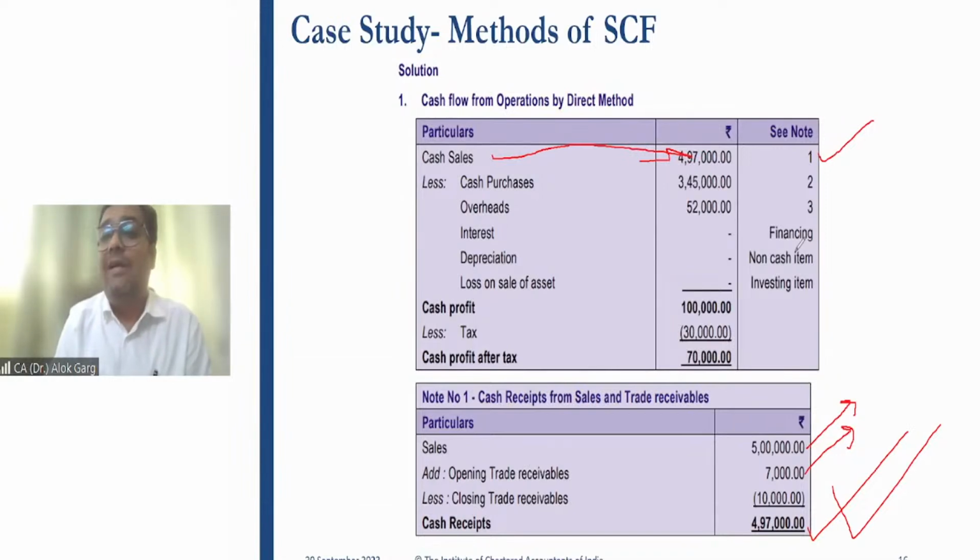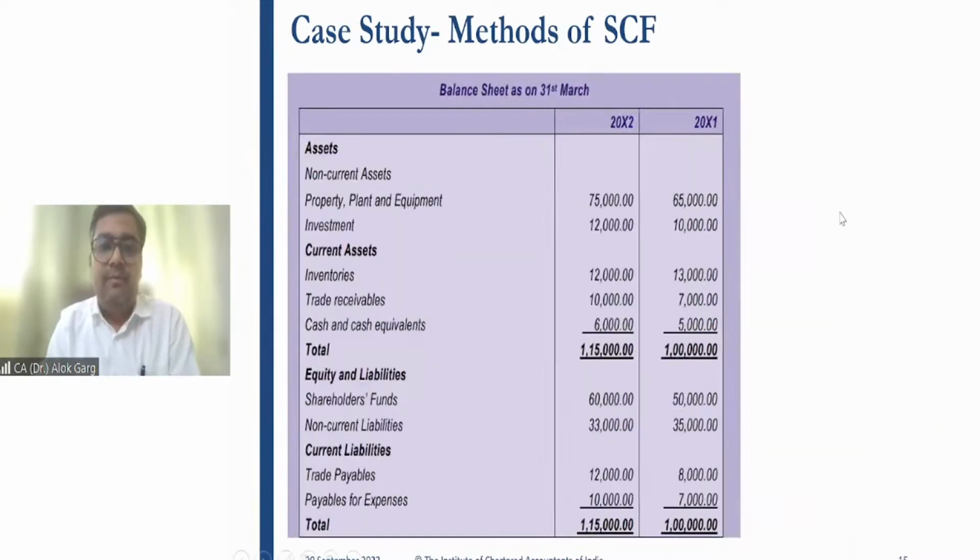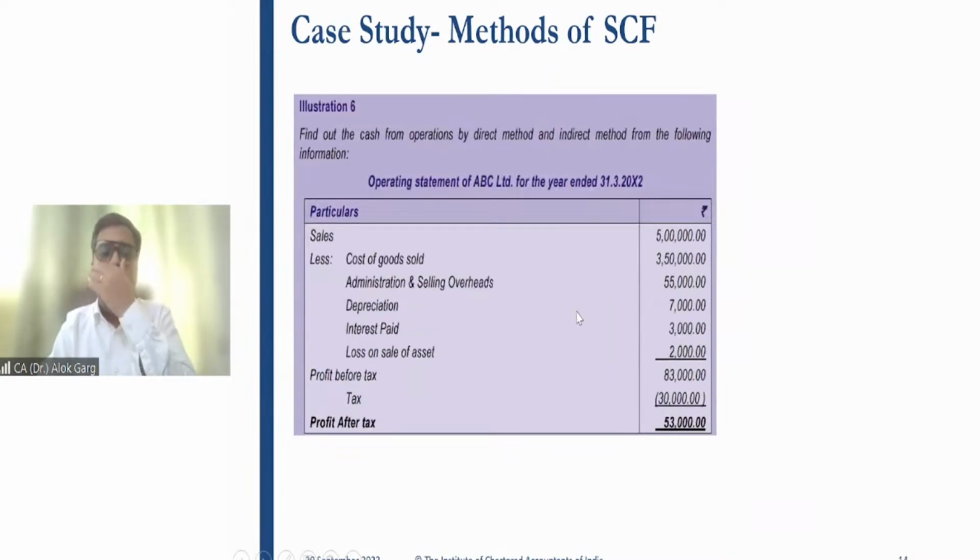Now I need to go to the cash purchases. Number two, my inventory balance is 13,000 in the opening, 12,000 in the closing. My cost of goods sold is 3,50,000. So first of all, I need to compute the purchases.